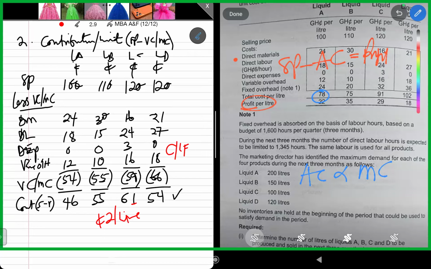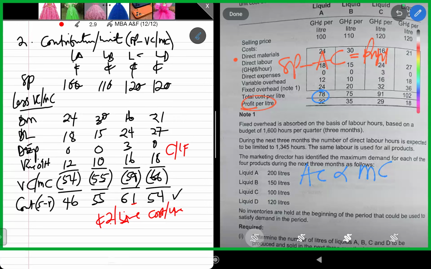So it simply means for every 1 liter, it is 2 cedis. Is that correct? Yes. So when I say cost per liter, what does it mean? Meaning you want to find the price for 1 liter. Good. So if I'm writing it mathematically, how do I write it?